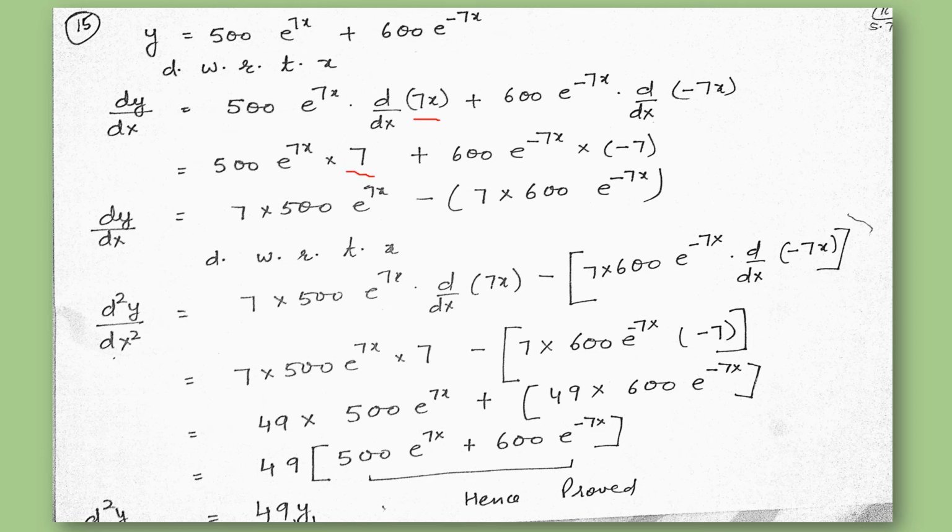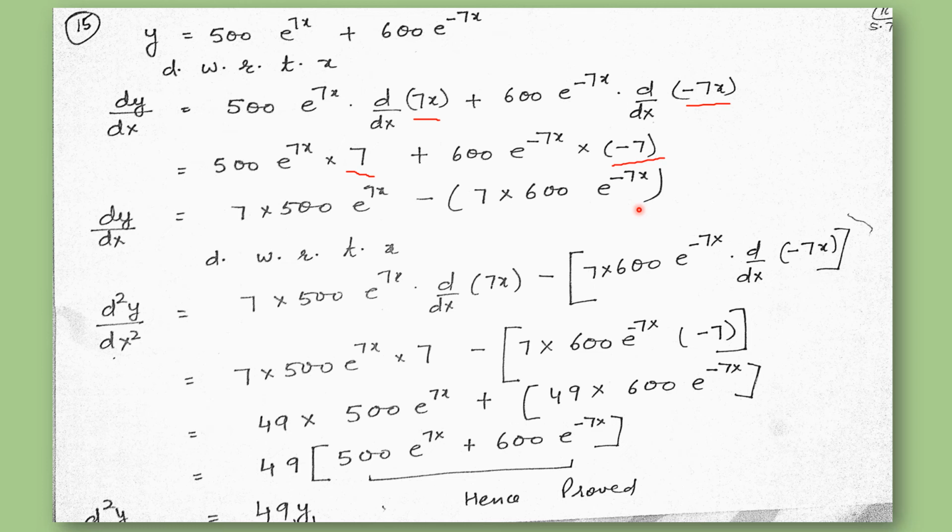So simple. Plus 600 e power minus 7x multiplied by the derivative of minus 7x, which will be minus 7. Okay, so now what you get is dy by dx, which is the first order derivative, is equal to 7 into 500 e power 7x minus 7 into 600 e power minus 7x.